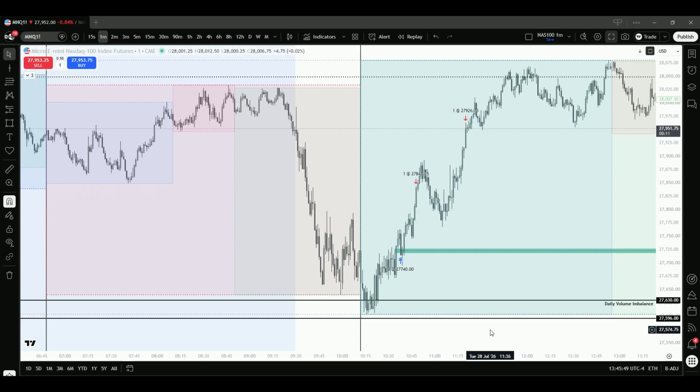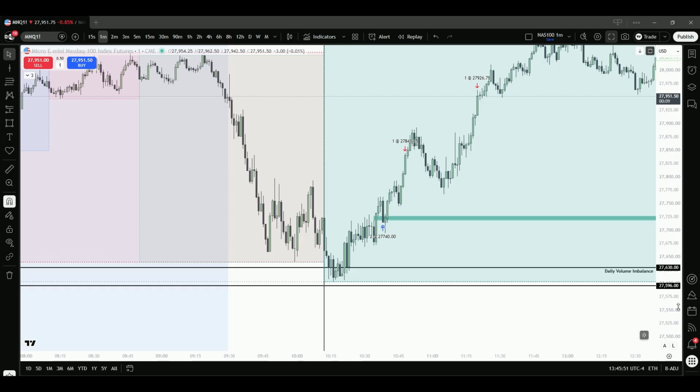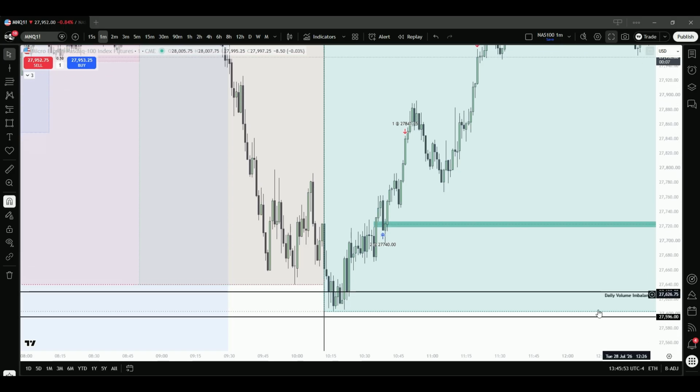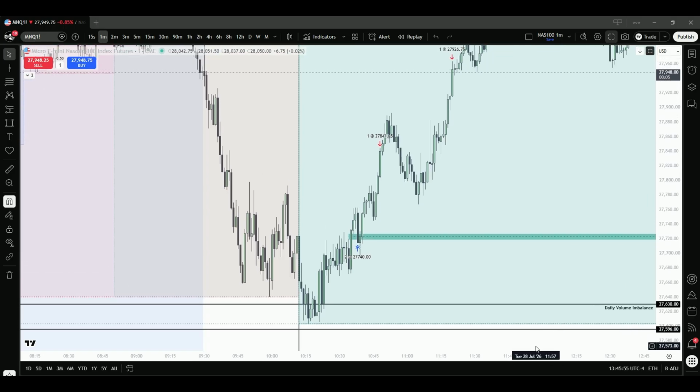So the logic I used is very, very simple for entry. It's basically the 2022 model, where you're gonna have the market dropping, engineering liquidity, then we have an intermediate high here, then sweeping liquidity into a key PD array, so that's daily volume imbalance, and then we displace higher above this high here.